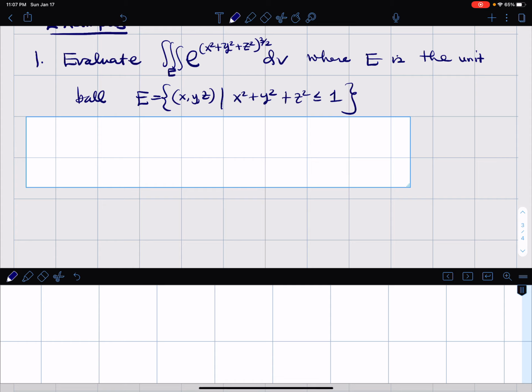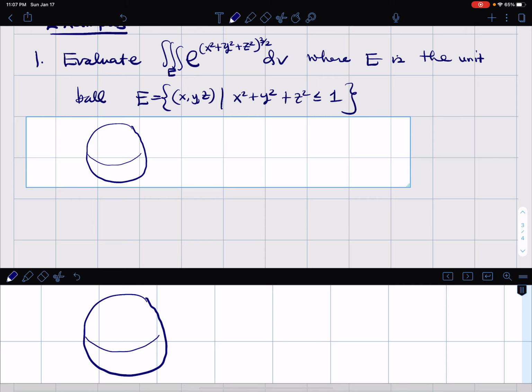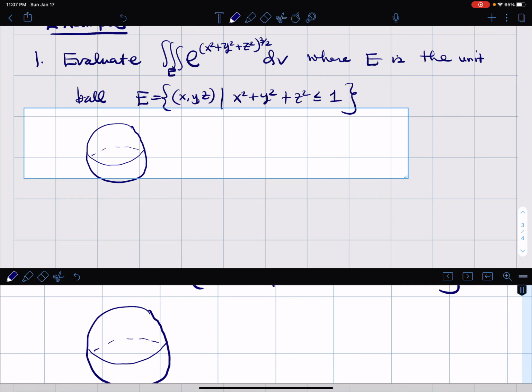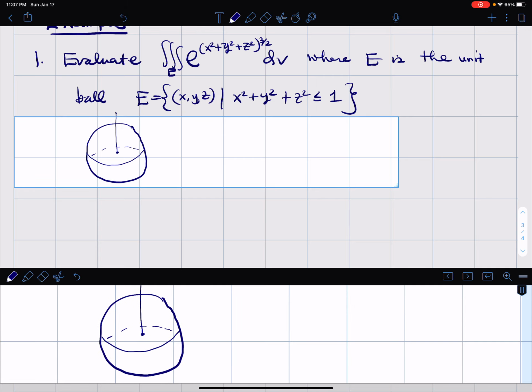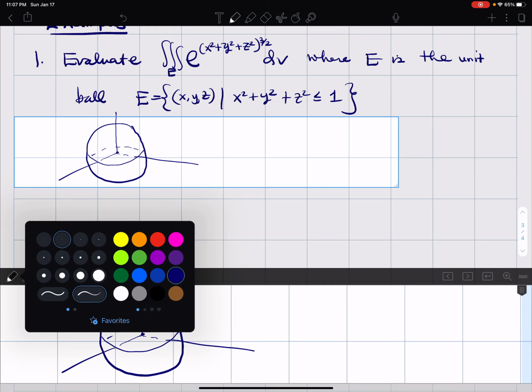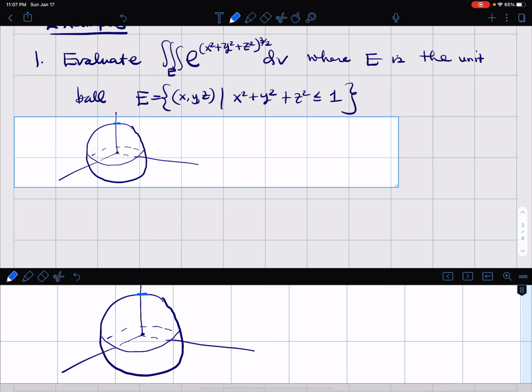So if you have this ball, the unit ball, the radius is 1. The radius of this ball is 1. So rho goes from 0 to 1.